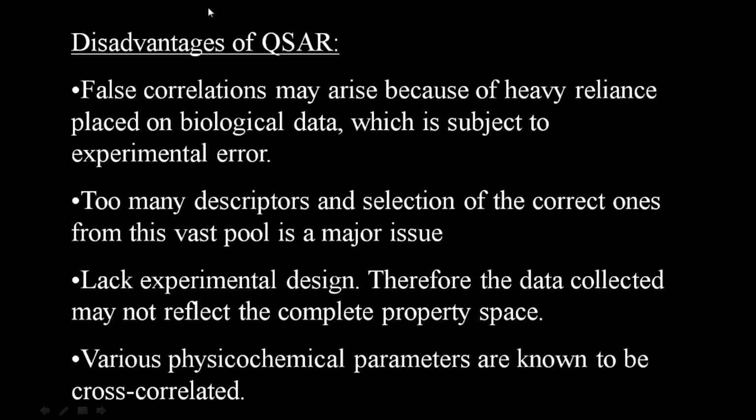I may be missing out the correct one. Lack of experimental design. Using computation, I will say I want to synthesize a molecule with the chloro in this position, that position. Maybe it is not possible for the synthetic chemist to synthesize; they will be able to synthesize only one set of molecules. So that is a problem.